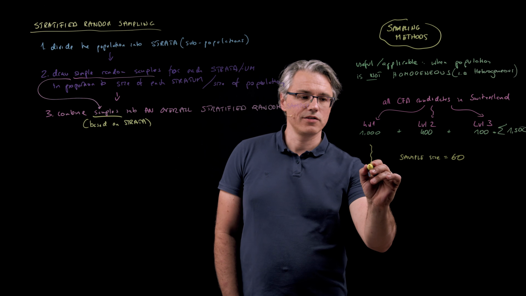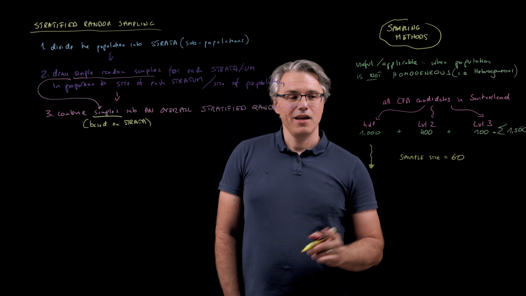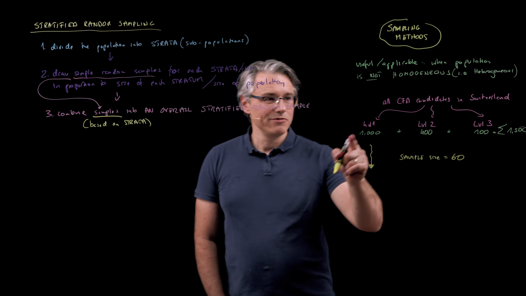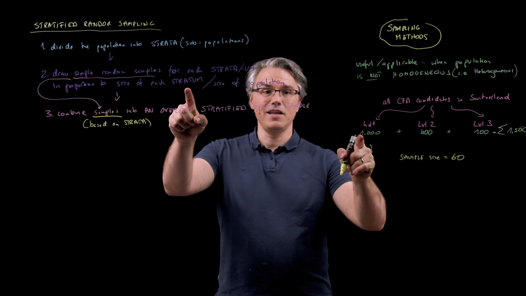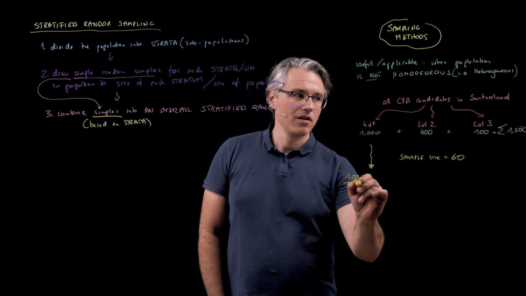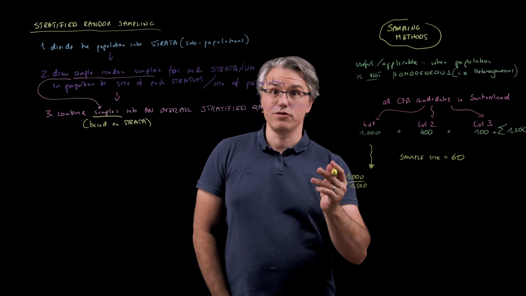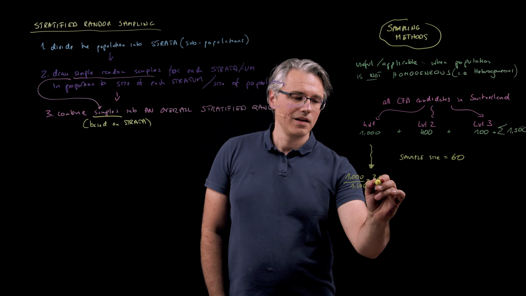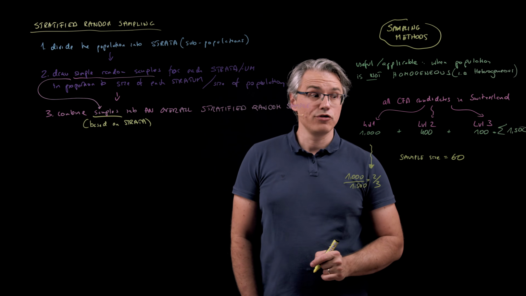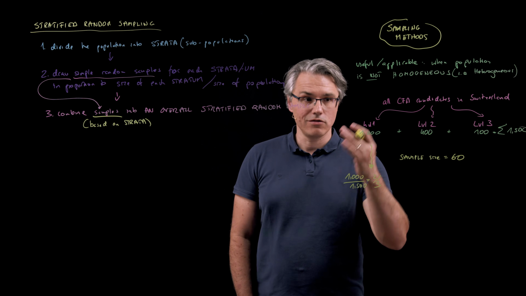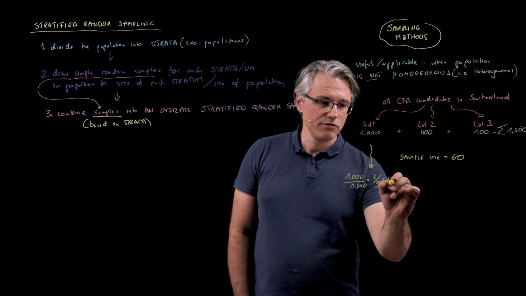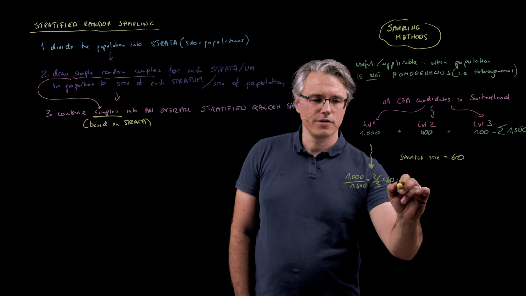For level 1, so strata, subpopulations, because the sample size we want to overall achieve is just 60, we would take the size of this stratum relative to the size of the overall population, so 1,000 to 1,500, which is obviously 2/3, and say, well, our overall stratified random sample should be composed in 2/3 of level 1 candidates. So the sample we're going to take from this group is going to be 2/3 of 60, which gives 40.